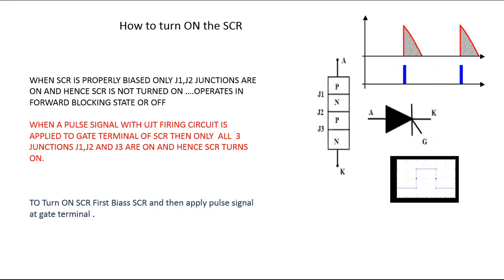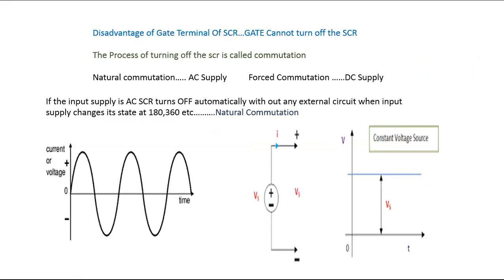Now we concentrate on commutation. The topic is, what are the different methods of commutation of SCR? Is the first line visible to all students? Disadvantage of gate terminal of SCR. Good. So what is commutation? The process of turning off the SCR.